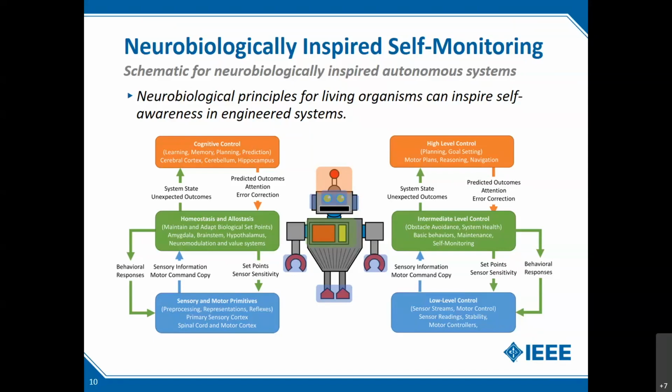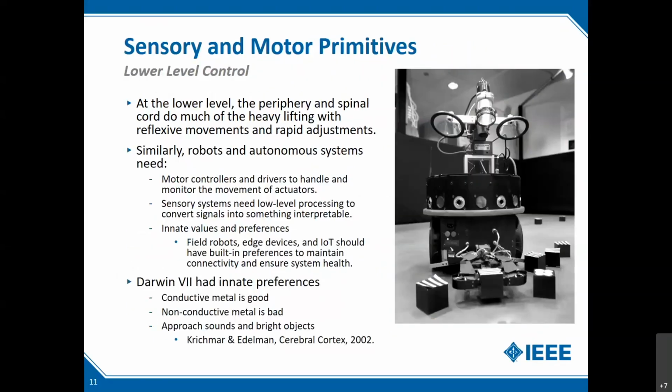Next slide, please. Just to go through each level briefly, at the lowest level, you have sensory and motor primitives. In the nervous system, this is carried out by the periphery, and the spinal cord does a lot of heavy lifting of day-to-day movements, very rapidly, and many times below the level of awareness.